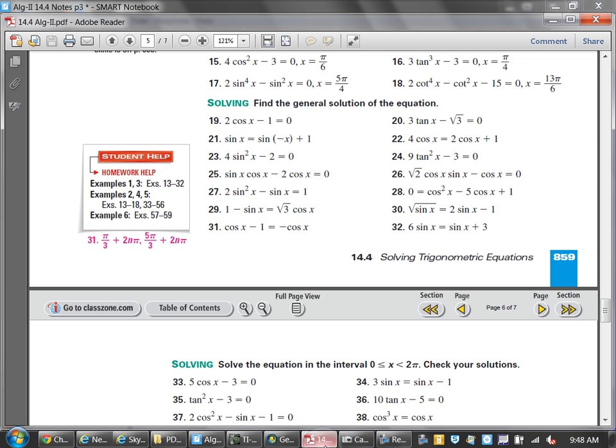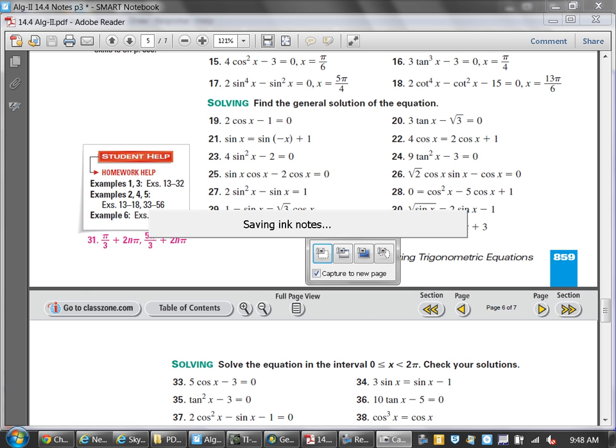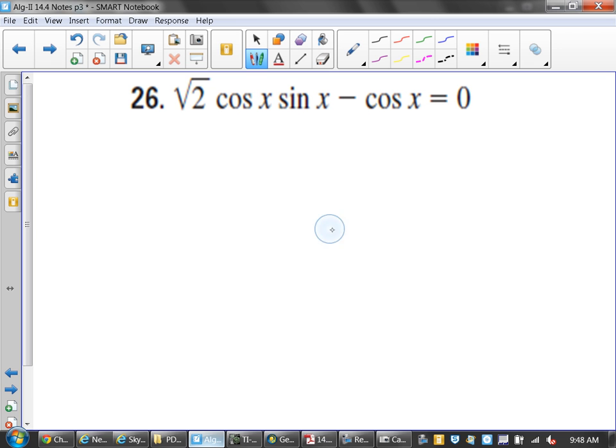I forget which other one had to be factored right away. Number 26, you had to factor also. But this one on 26 is going to give you a little bit more of something that's going to work, if I'm not mistaken. In this case, both terms have a cosine in common. Factor out the cosine.